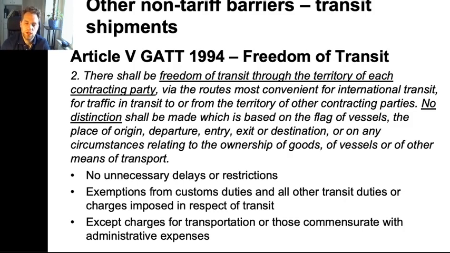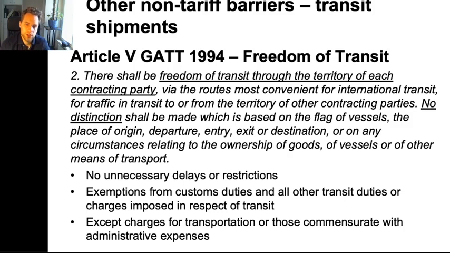In other words, you may use the routes most convenient for international transit for traffic in transit to or from the territory of other contracting parties without discrimination. Once again, there shall be no unnecessary delays or restrictions.